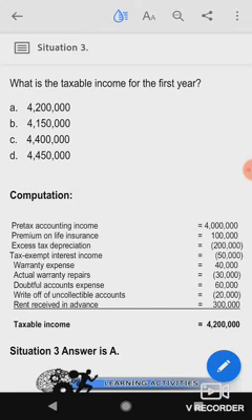We add doubtful accounts expense, and we write off the uncollectible accounts, so we deduct it because it's uncollectible already.